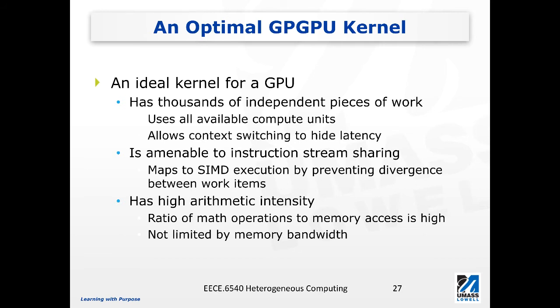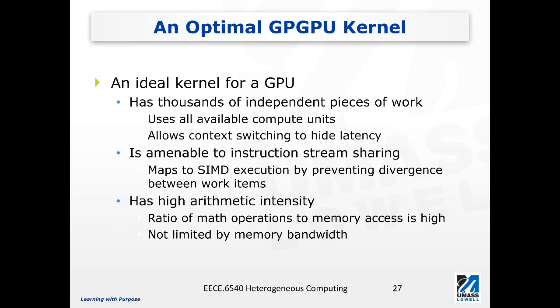Now, with a good understanding of the GPU architecture, let's look at how we should design an OpenCL kernel so that we can take advantage of the GPU performance. An ideal OpenCL kernel for a GPU would have thousands of independent pieces of work.